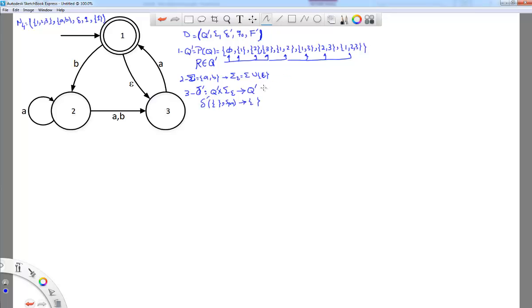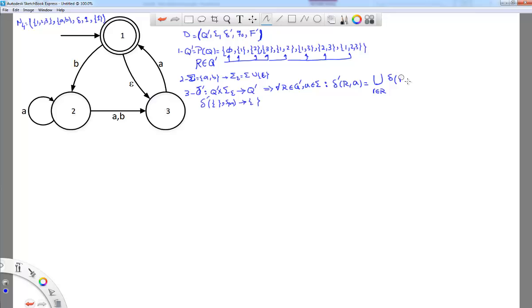And so as a result of my computation earlier, I know that the delta prime of R and A, actually let me write this down again for you so we will be easily recognizing it. So for every R from Q prime and A from your alphabet, the delta prime of R and A is going to be the union of every member of R if it's passed to the delta.